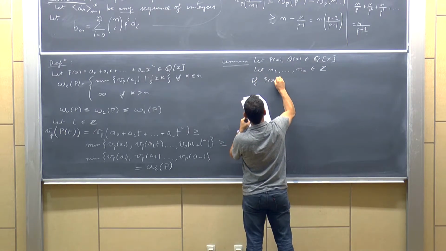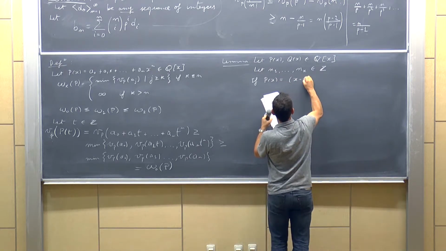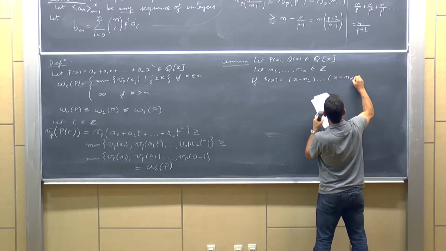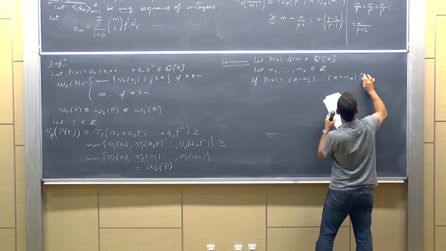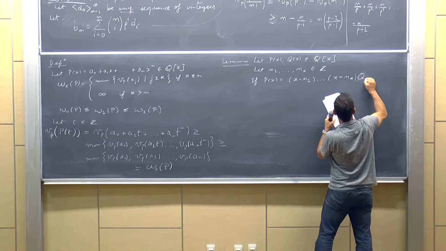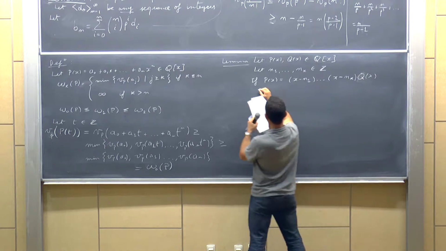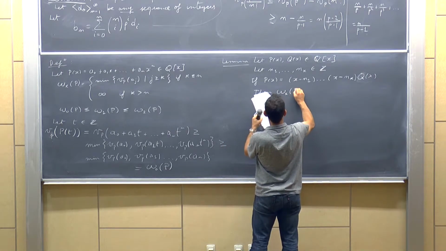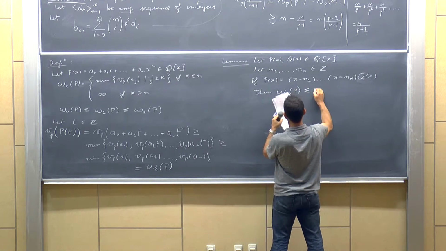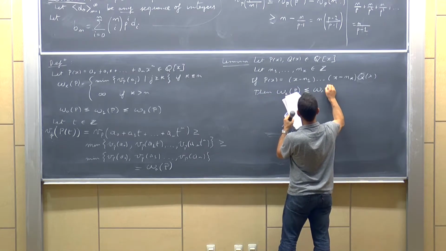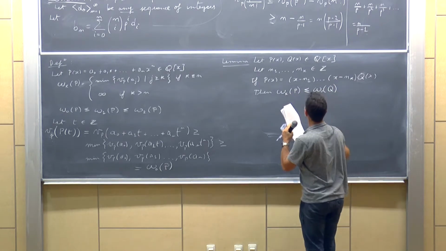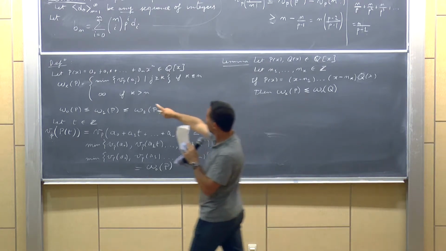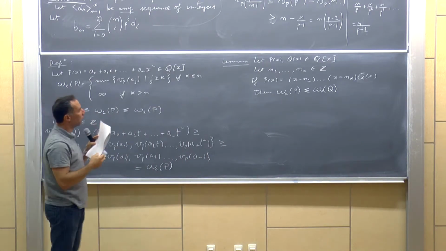If p of x is equal to x minus n1, dot dot dot, x minus nk, times q of x, then omega sub k of p is less than or equal to omega sub 0 of q. Okay, so I have my definition of the omega sub k here.